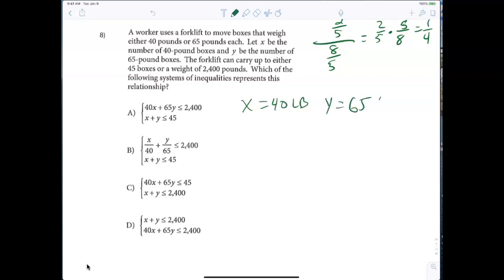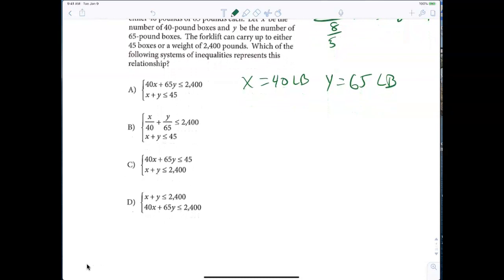Okay, stop there for a second. All right. Now, is A possible? No. I don't know why everybody's saying no so fast. Because 40 represents the X and 65 represents the what? So 40X and 65Y.